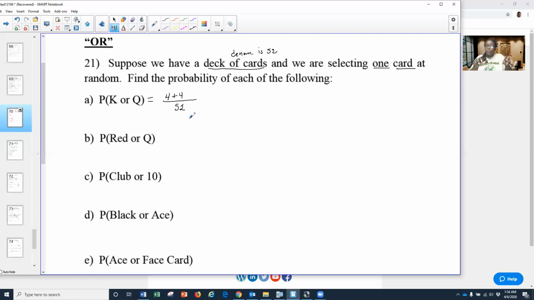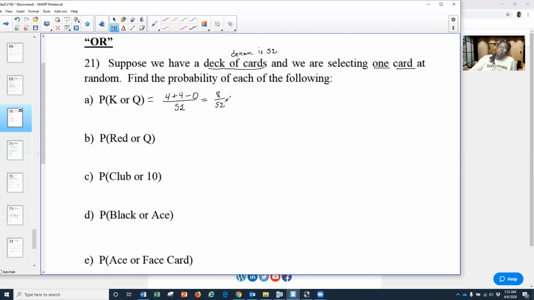We're going to look at the probabilities of these events happening and then add them together, but then we got to subtract the overlap so that we don't double dip. Okay, so if it helps to write out your structure first, let's do that. And I'm going to show us a couple of ways of how to write this out so we can keep our thoughts straight, right? So we're going to subtract out the overlap, and there is no overlap, so it's like subtracting out a 0. Let's finish up the problem. When we add this together, we get 8 over 52.